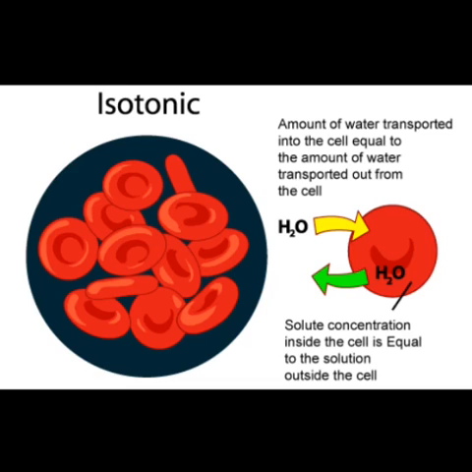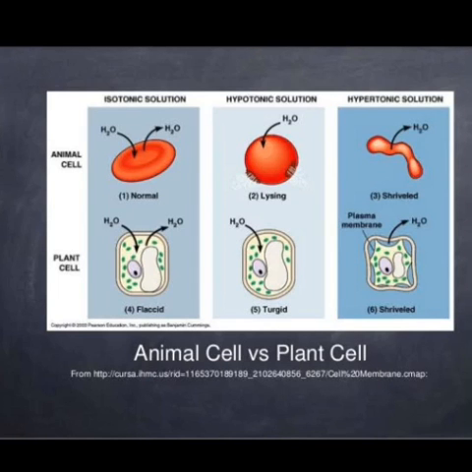So this is the normal state for an animal cell and flaccid state for a plant cell. So the animal cells remain normal in this isotonic solution and plant cells would be flaccid in this situation.